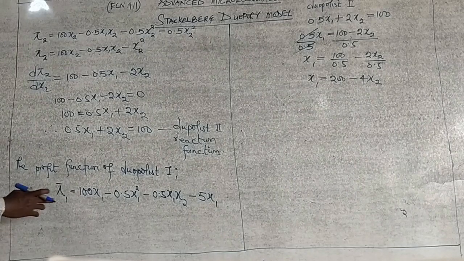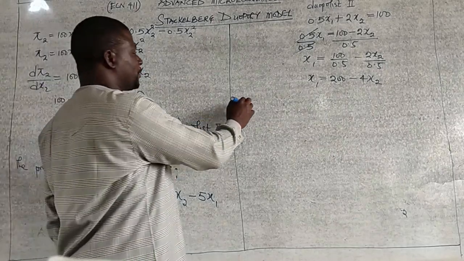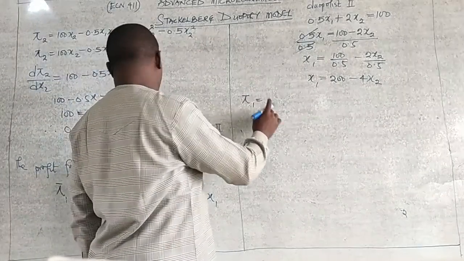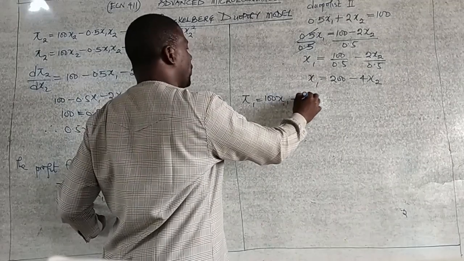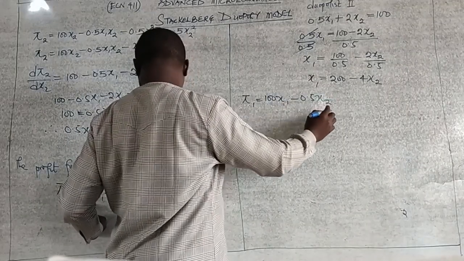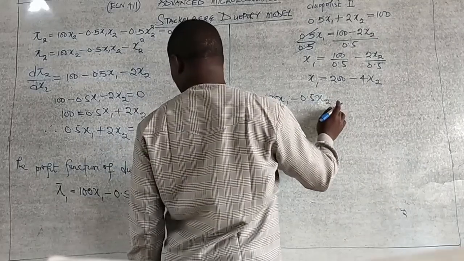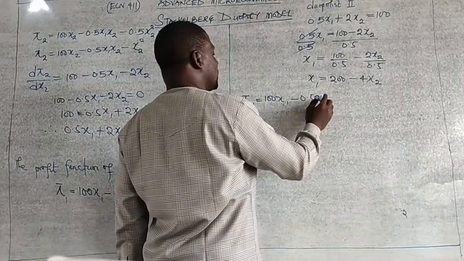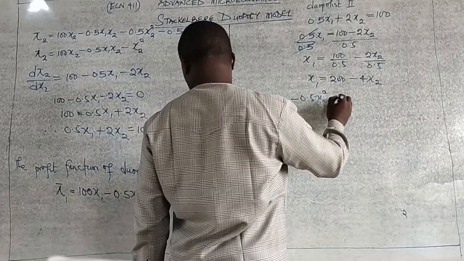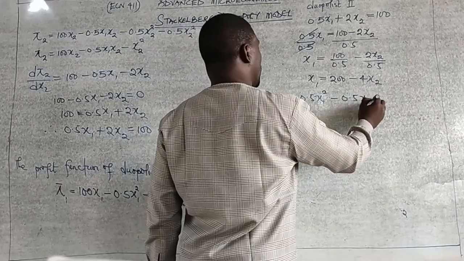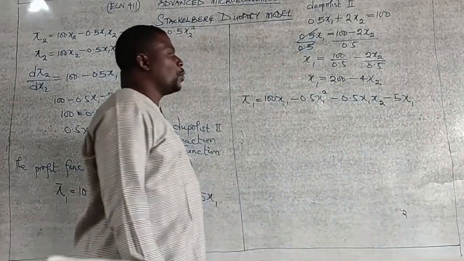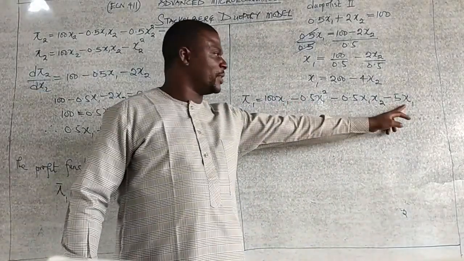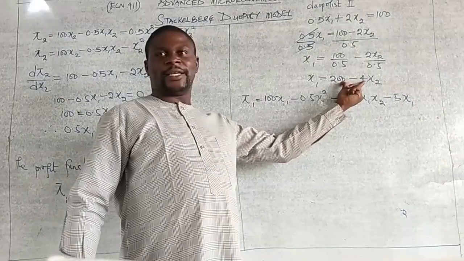So substituting that in this place, I'm going to have profit 1 equals 100x1 minus 0.5x1 squared minus 0.5x1x2 minus 5x1. What we want to do is that anywhere we see x1, we want to put this one there.